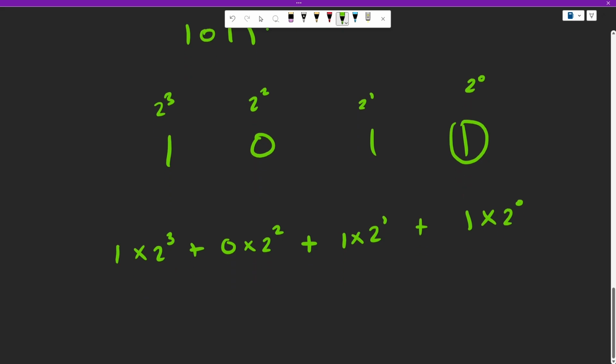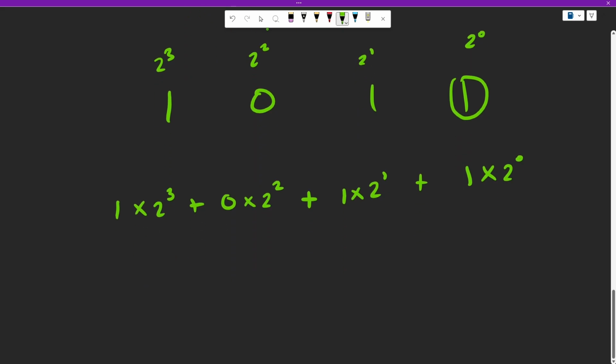Now the answer will be 8 plus 0 plus 2 plus 1. 2 raised to 0 is 1, 2 raised to 1 is 2, 2 raised to 2 is 4, 2 raised to 3 is 8.